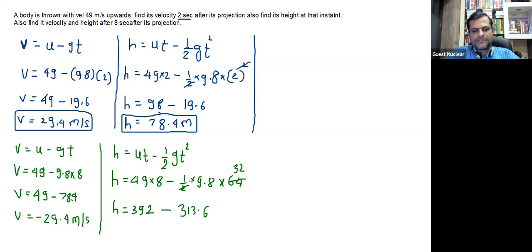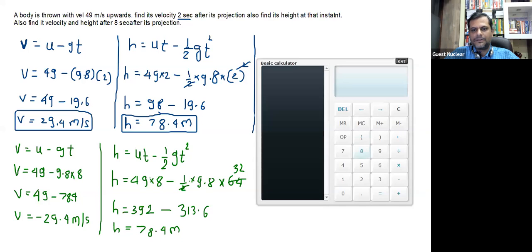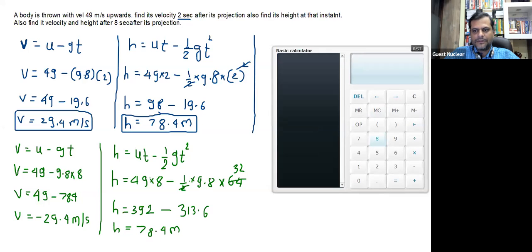Okay. So if we subtract this here, what we are going to get is, check. ये अगर subtract करेंगे तो कितना आएगा? 392 में से 313.6 subtract करो, वो हमको मिल रहा है 78.4 मीटर. अरे सिर्फ सब्ट्रैक्शन करना है हमको, अलग अलग आंसर्स कैसे आ रहे हैं? देखो यहाँ पे ये हमारा 9.8 राइट, मल्टीप्लाई बाय 32, ओके, 313.6, it is correct, and we have to subtract 392 minus 313.6.